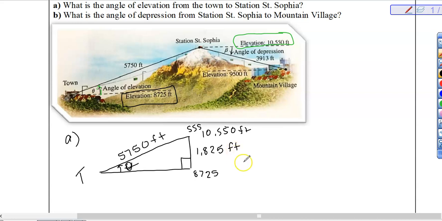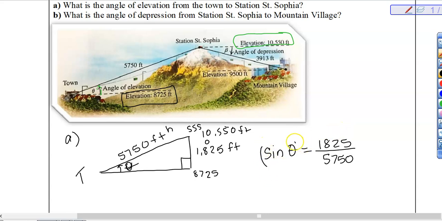So what trig function? We're looking for theta. We have opposite, we have hypotenuse, OH. So we're going to use the sine of theta is equal to 1825 over 5750. Awesome. Solving for theta means inverse of sine.